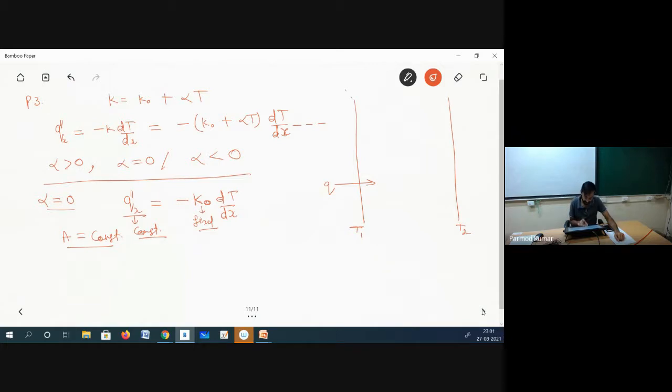So under this condition, to obtain constant heat flux at each and every section, my dt by dx has to be constant. So the slope at every point, say location 1, location 2, location 3, everywhere has to be the same. So the slope will be the same only if we have the temperature gradient as a straight line. This point is clear?